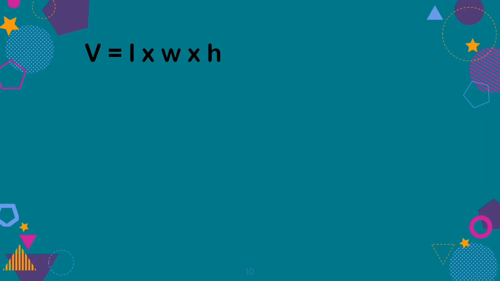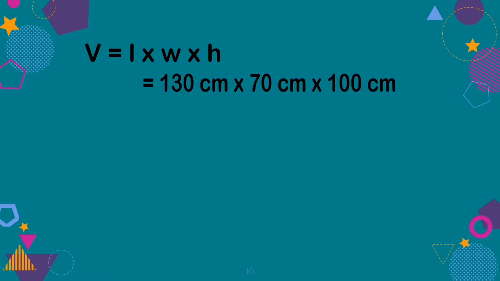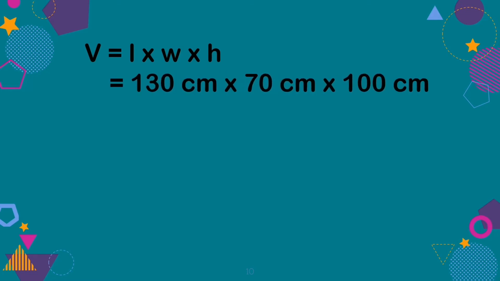So the formula is volume equals length times width times height. The length of the aquarium is 130 cm. Its width is 70 cm. And its height is 100 cm. So 130 cm times 70 cm times 100 cm equals the volume.